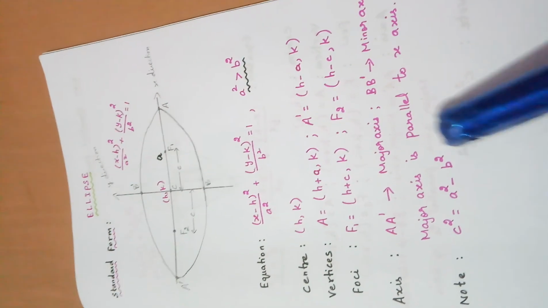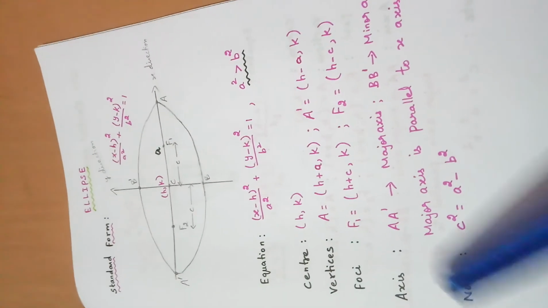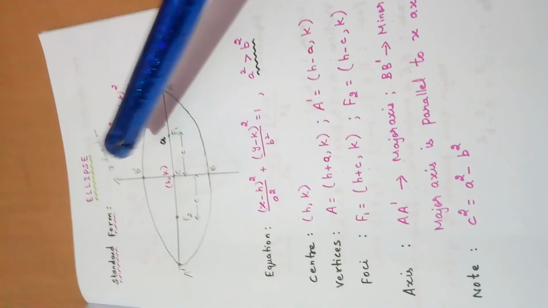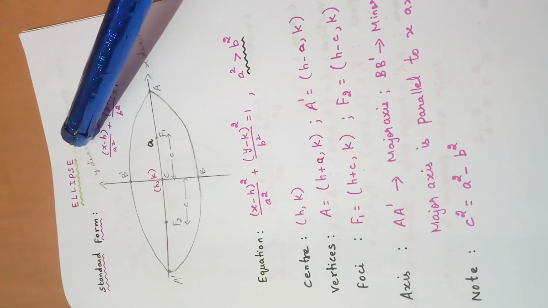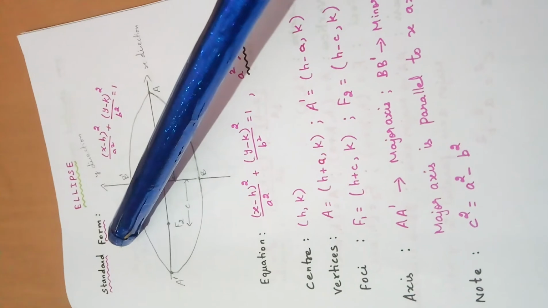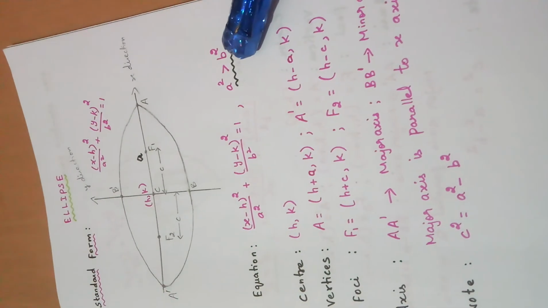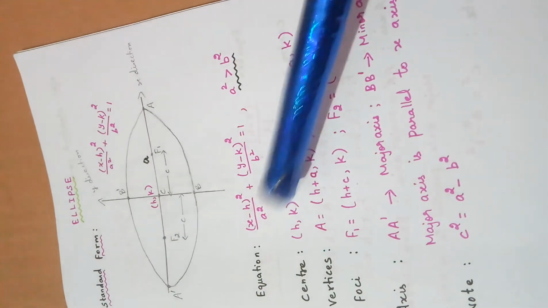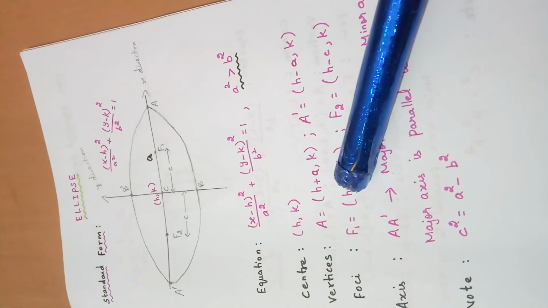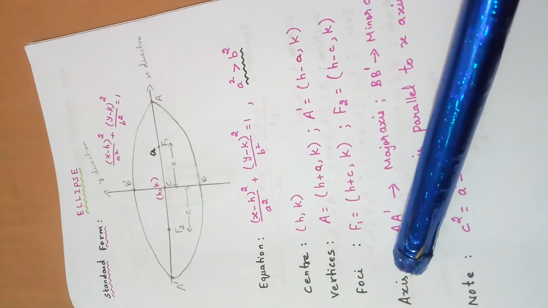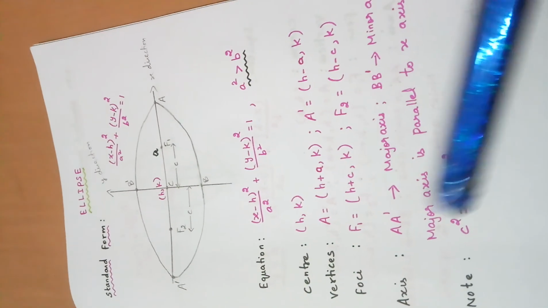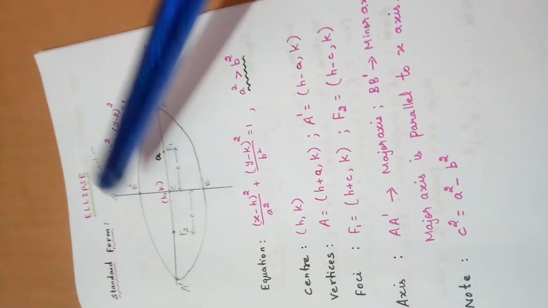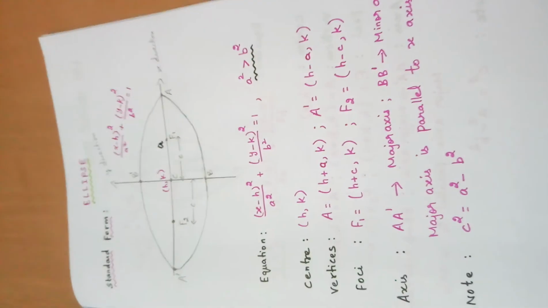And finally the formula connecting A, B and C. So these are all the concepts related with ellipse, and the type is standard form. A square is greater than b square. This is equation. Center, vertices, focus. Axis means we have to say which is major axis and which is minor axis by seeing the diagram. I think you will understand this.